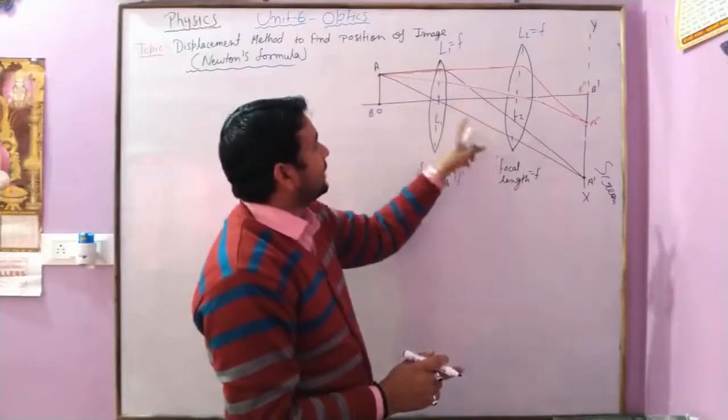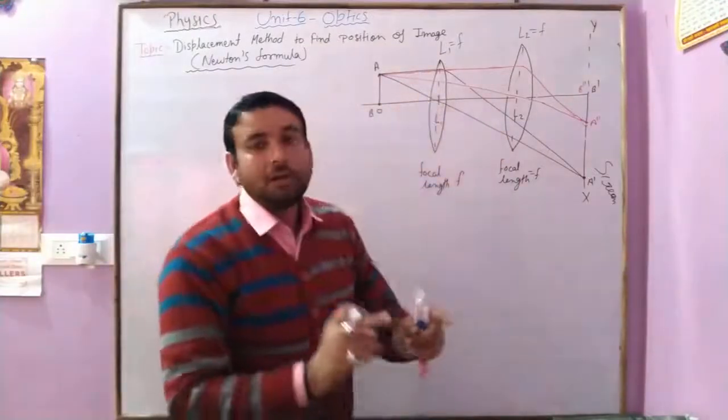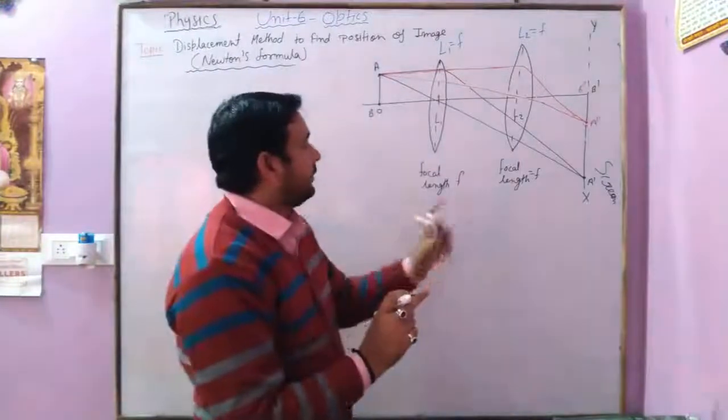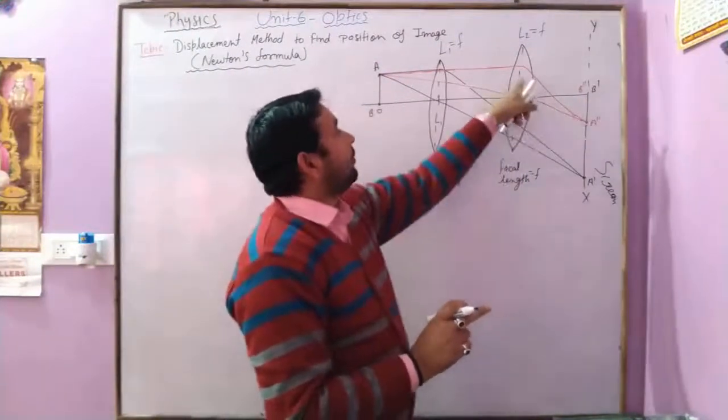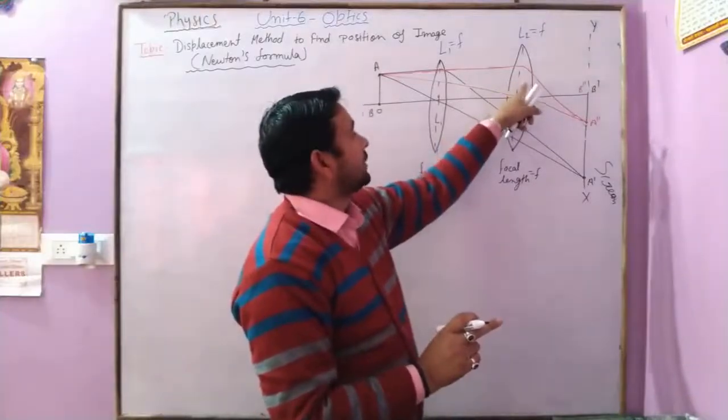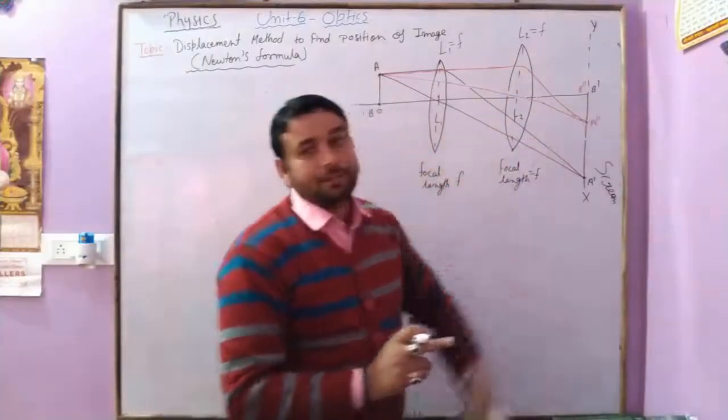In the two positions the lens forms clear distinct images at A dash B dash, and for the second situation A double dash B double dash.